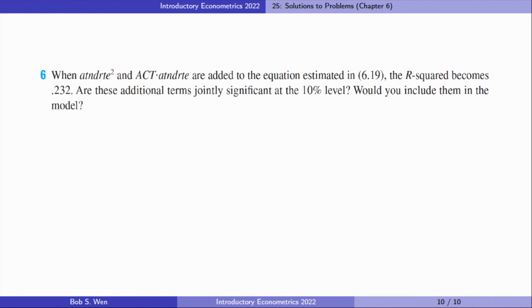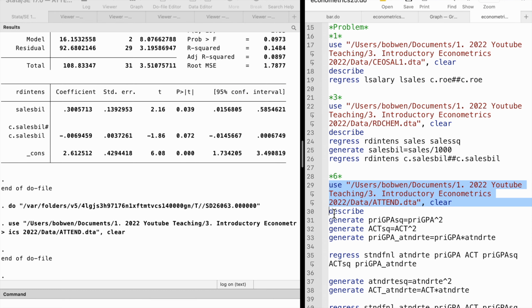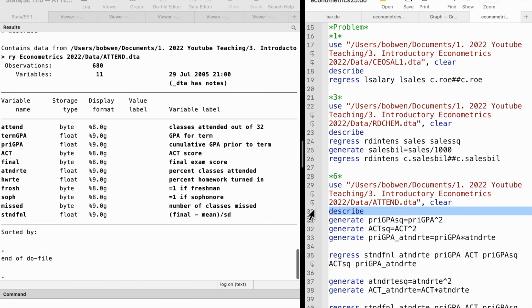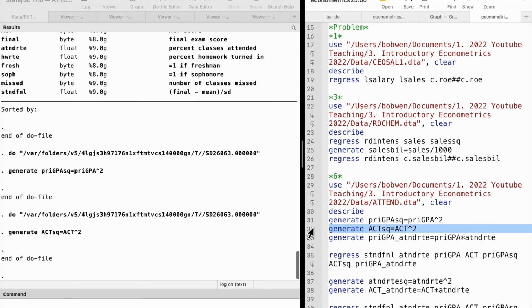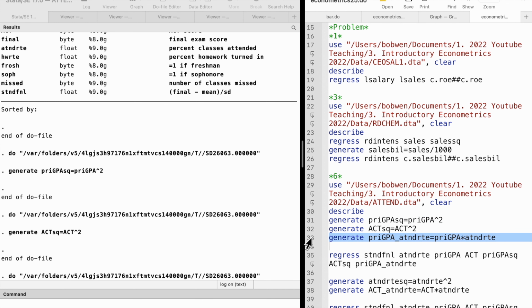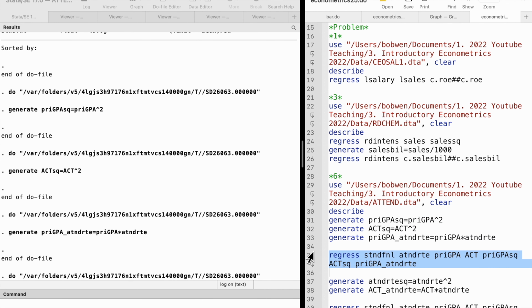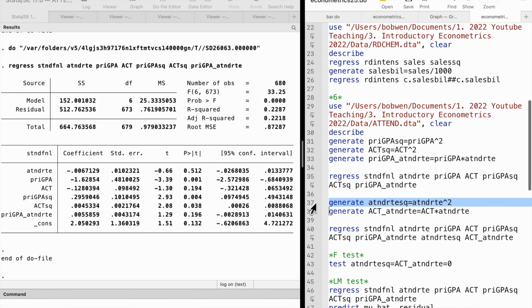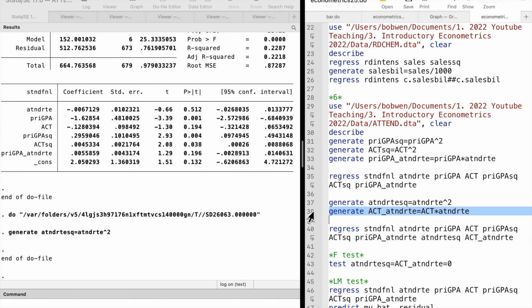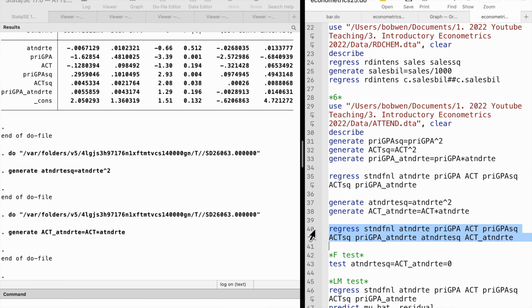Let's complete problem number 6. When the 2 additional variables are included in the model, the R² rises slightly, but the 2 variables are not jointly statistically significant at the 10% level. We can perform an F-test or an LM test. They reach the same conclusion.